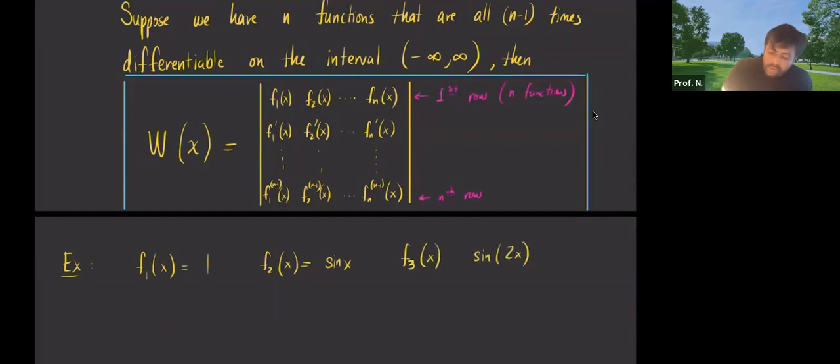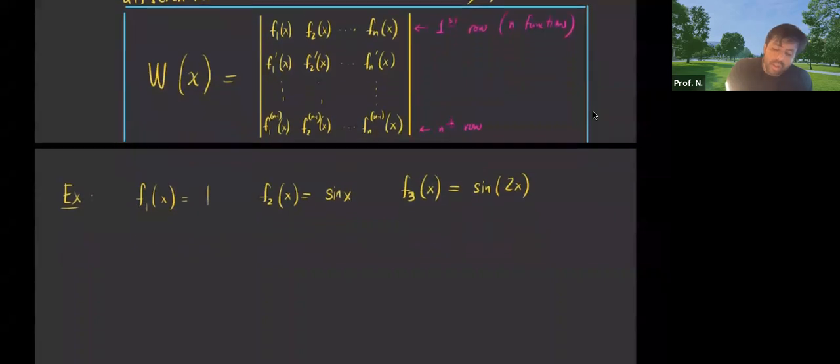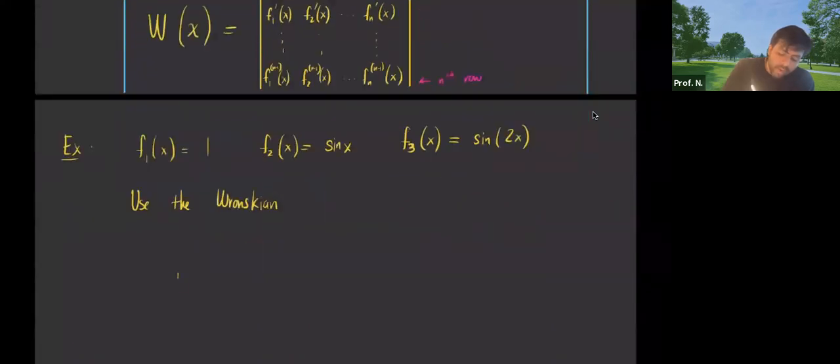So I have 3 functions, and we have to determine whether they're linearly independent or not. So we have to use a Wronskian. Now, what's the Wronskian? Well, the first row is 1, sine of x, sine of 2x.